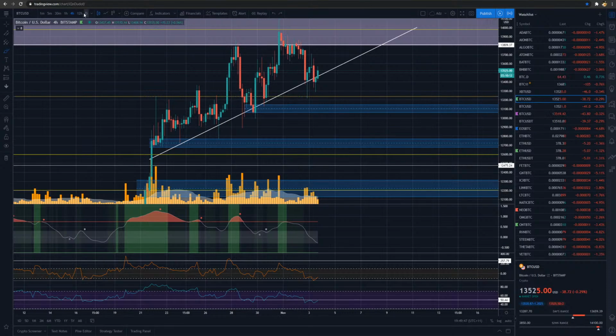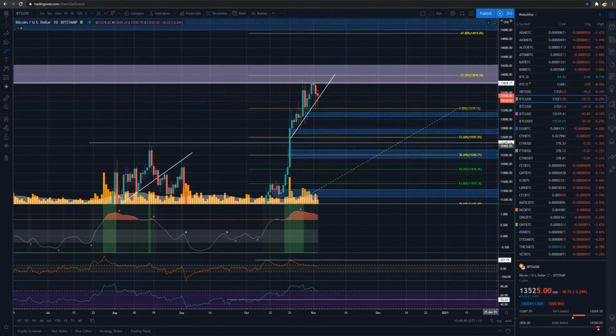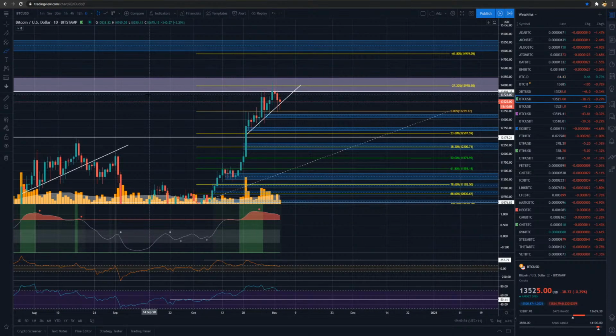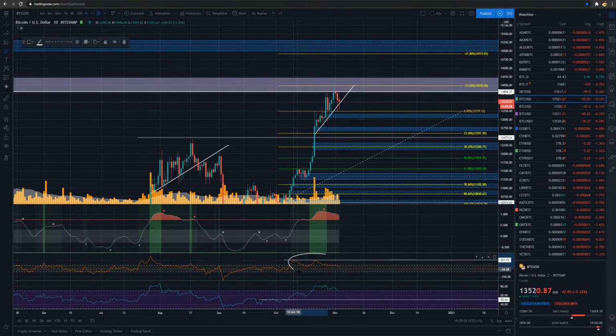If we circle back and have a look at the daily like we have been for quite some time now, it's still quite overbought, as described very nicely by our Steamroller indicator there, and there's a lot of bearish divergence forming on this CCI indicator also, and of course RSI is still quite overbought as well.